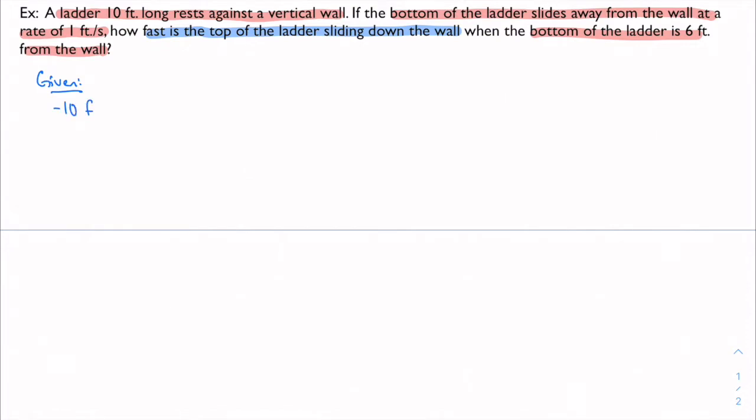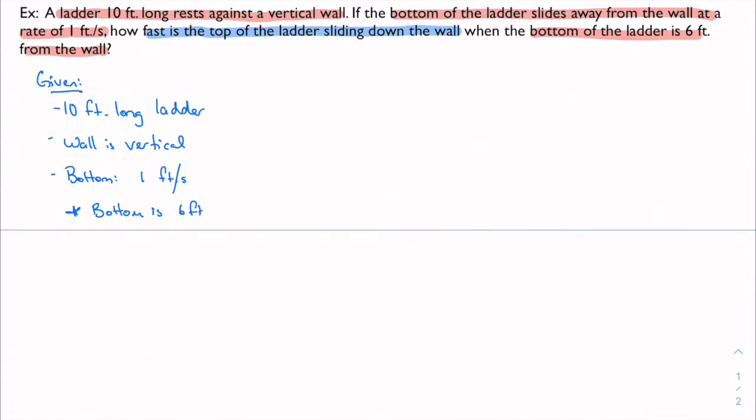We know that we have a 10-foot long ladder. We know that the wall is vertical. We know that the bottom of the ladder slides away from the wall at a rate of 1 foot per second. Normally here I would convert this into calculus language, but it's kind of hard to visualize right now without a picture. I'm also going to want to know something to do with when the bottom is 6 feet away from the wall.